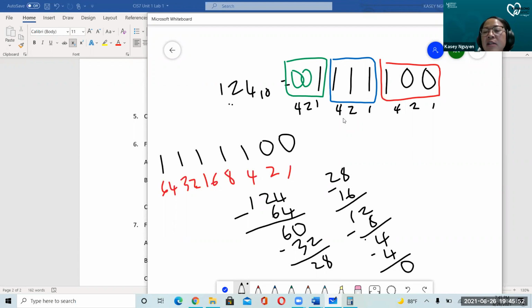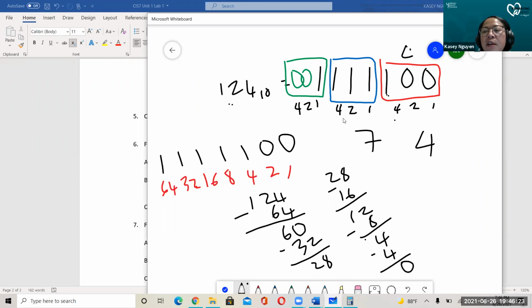So I know that in this chunk of 3 bits, the 4 is turned on right here, so that will be a 4. And on the next chunk, I have the 1, the 2, and the 4 turned on, and you add those, that's going to give you a 7.